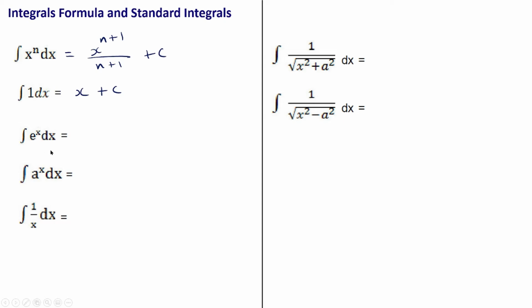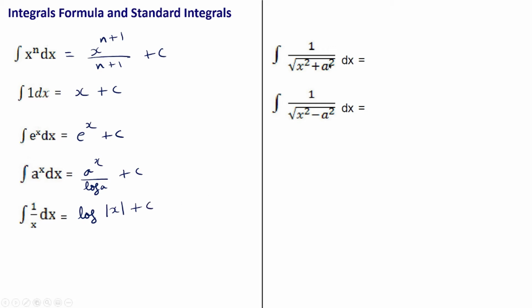Next integral e raised to x dx is equal to e raised to x plus c. Then integral a raised to x dx is a raised to x upon log a plus c. Then integral 1 by x dx is log mod x plus c.